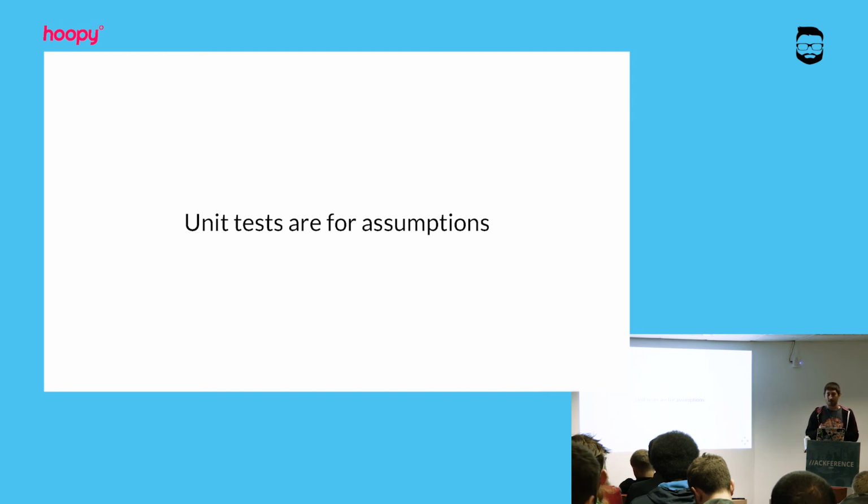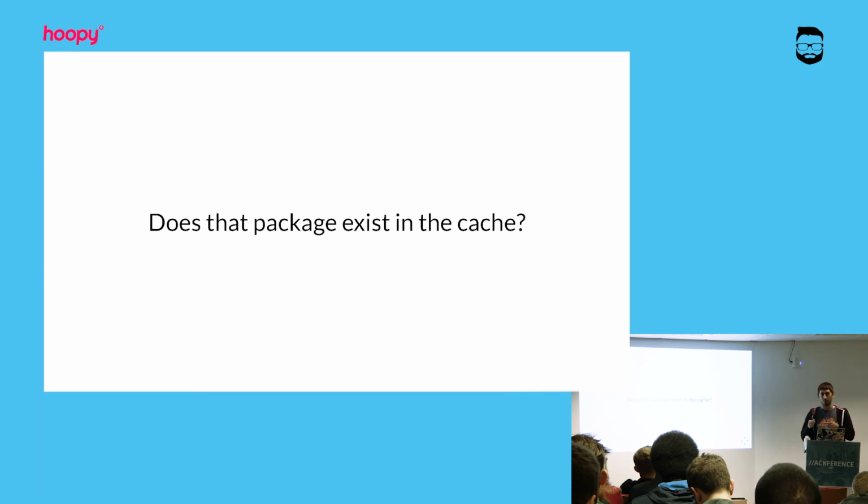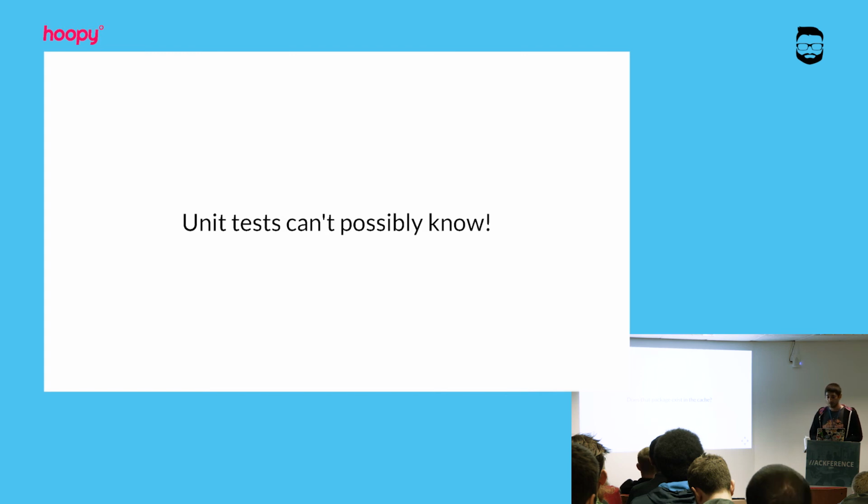But often what's going to happen is you're wrong. Does that package actually exist in your cache? Can you actually create that directory, or is that directory already owned by someone else? Or that user already exists. What do you do in that case? Unit tests can't actually know, because they don't run it.